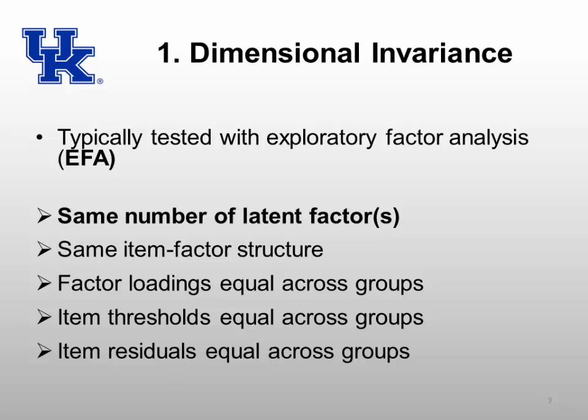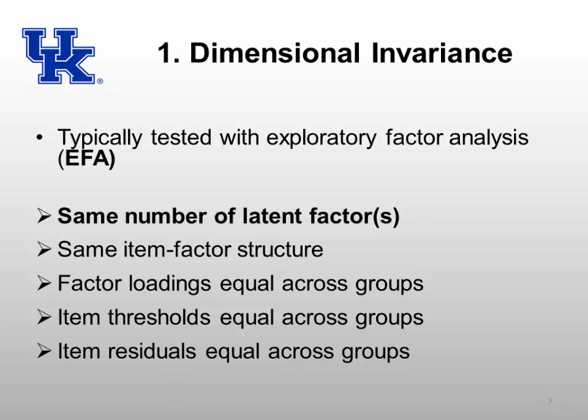So to look at the 5 levels, I'll spend a little bit of time on each one. The first, dimensional invariance, a lot of times researchers will actually skip this step. What it looks at is usually done with exploratory factor analysis. We're looking at, do we have the same factors across groups?